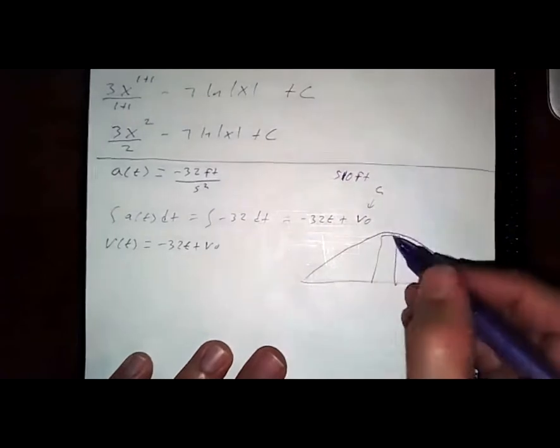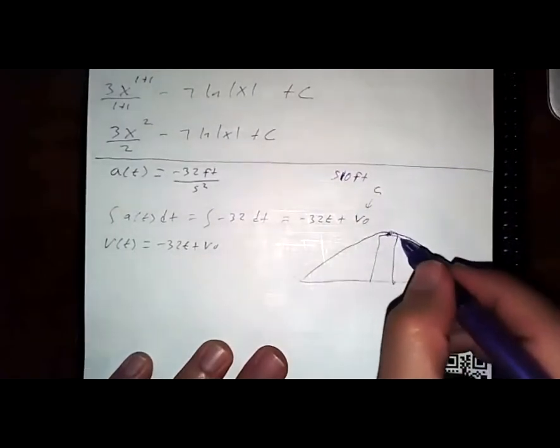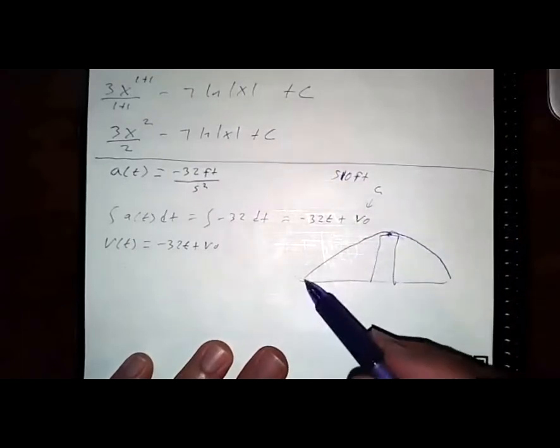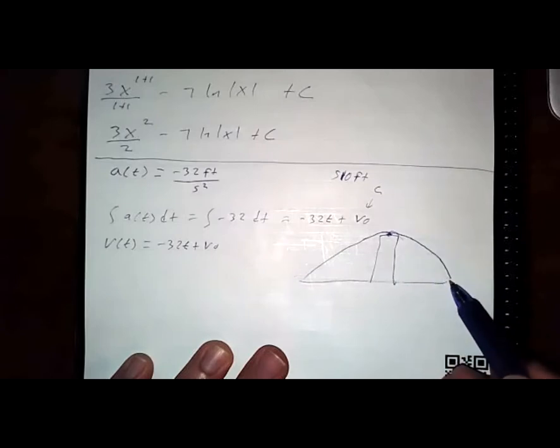So at this point in time, I should be at 0 velocity, and then I start to go negative. It should be slowing down the entire way. Here it'd be 0, then it accelerates in a negative direction, so it'd be negative velocity this way.